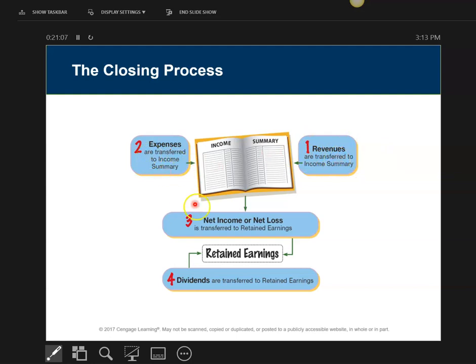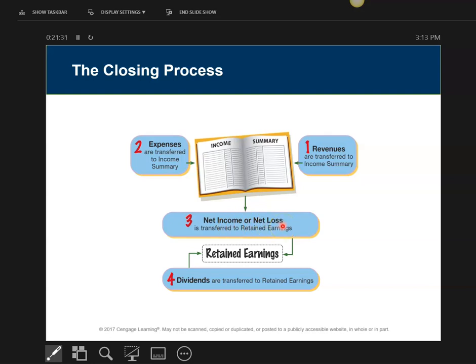And the difference is either called net income or net loss. So before you do step 3, you're going to balance your income summary account. And whatever the balance is in there, you're going to transfer it to retained earnings or close it to retained earnings. So this is the only step that could go one of 2 ways depending on income or depending on loss.